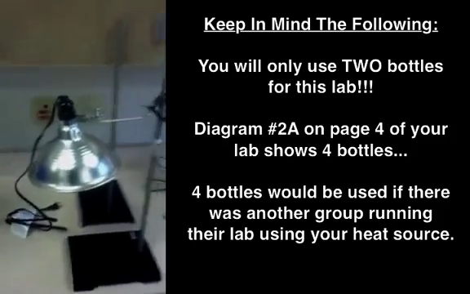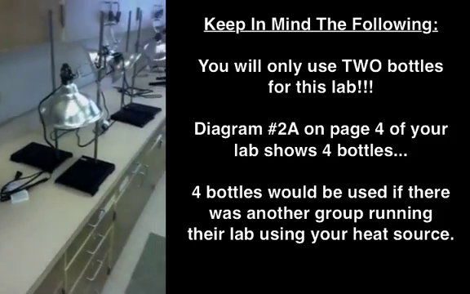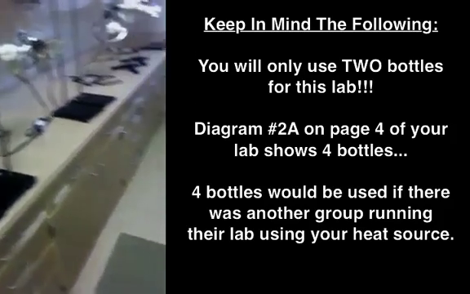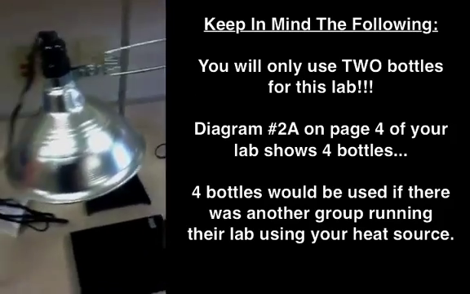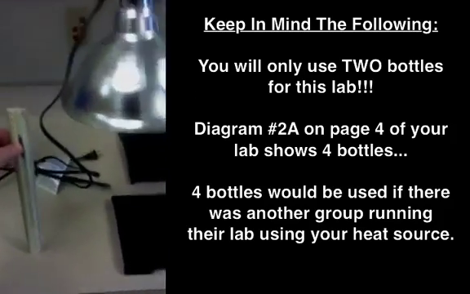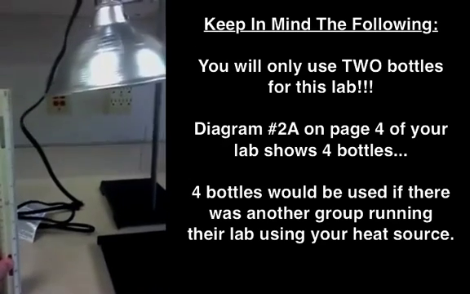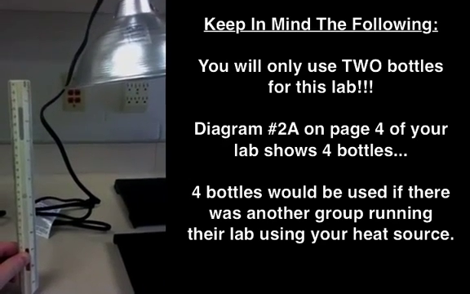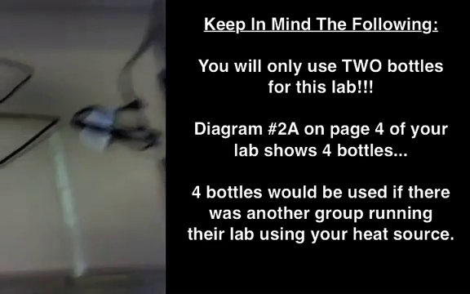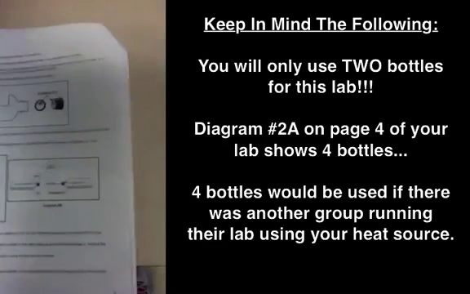When you're asked to measure certain distances so that the heat source is a particular measurement, you'll take your ruler to measure exactly what that dimension is supposed to be. I believe the dimension is supposed to be 30 centimeters, if I remember correctly, while looking at your procedure steps.